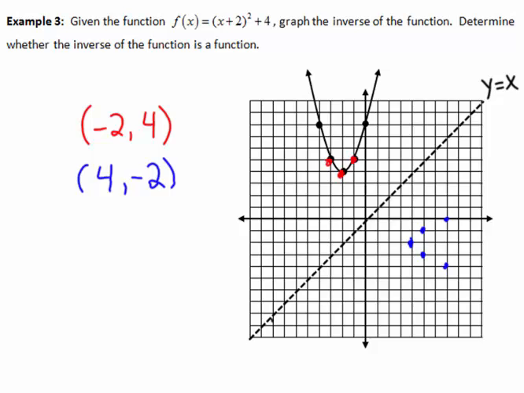And now that we have the coordinates, we just sketch the shape as it was before, the original shape, and there it is. It's like we've taken that parabola, turned it sideways, and we've reflected it across the line y equals x. And that's how we graph the inverse of a function given the graph. And we're going to continue to explore this more in class.